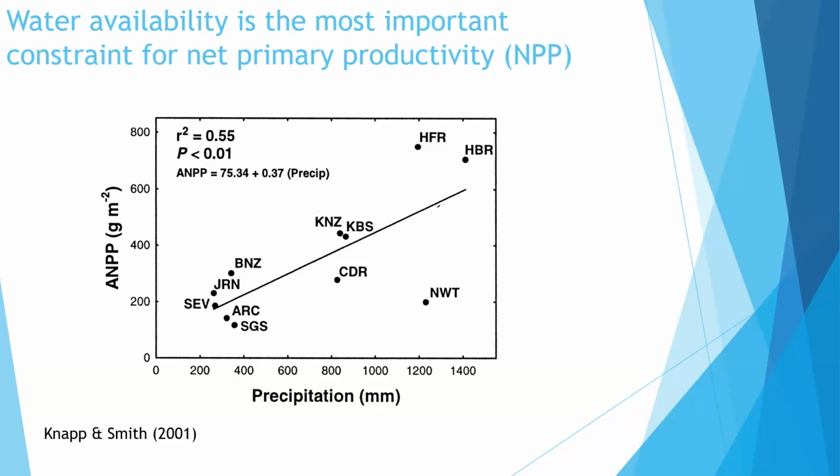So this is a classic study where there's 11 or 12 different long-term ecological research stations across the Americas, where we can see that net primary productivity, let me put my laser on, is largely a function of how much water is available. So that highlights how important water availability is for growth and biomass accumulation in plants.